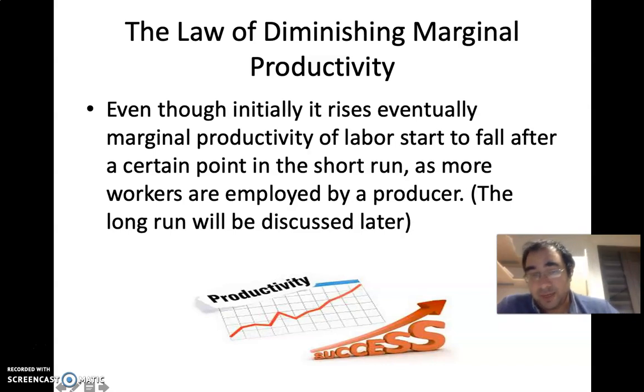That's because when you have more workers, they can divide the jobs between each other. They can specialize on different tasks and also use the capital, the machinery around them, more efficiently. So if you have 1 worker who goes from one machine to another machine, that might be less efficient than having a separate person in front of each machine.